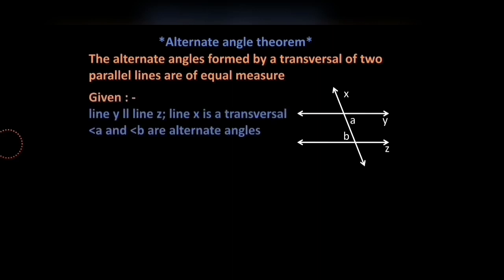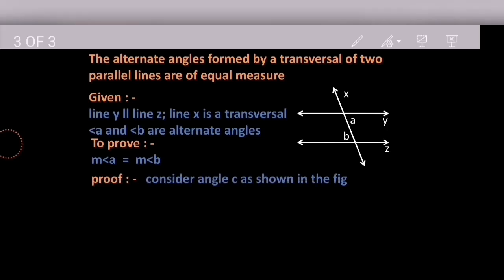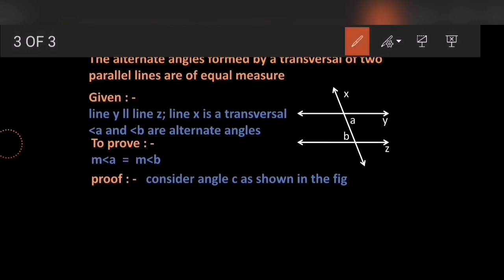Line Y and line Z are parallel lines and X is a transversal of them. Angle A and B are the alternate angles. Correct? The to-prove part will remain like the previous one: angle A is congruent to angle B, that is what we need to prove. Correct? And the proof statement again, we have to consider angle C in the diagram in such a way that it will be an interior angle of one of them.